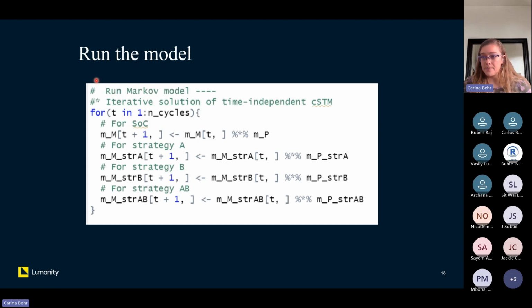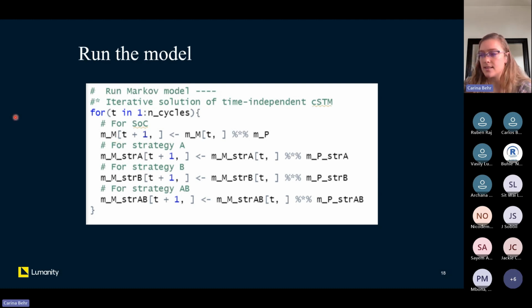Then if you're looking to run the model, you can search through the code to find it easily. It's just run Markov model. And basically, this is a for loop which runs iteratively through every discrete time point, and for every strategy, so standard of care, strategy A, B, or AB, at every time point, the matrix M is calculated.